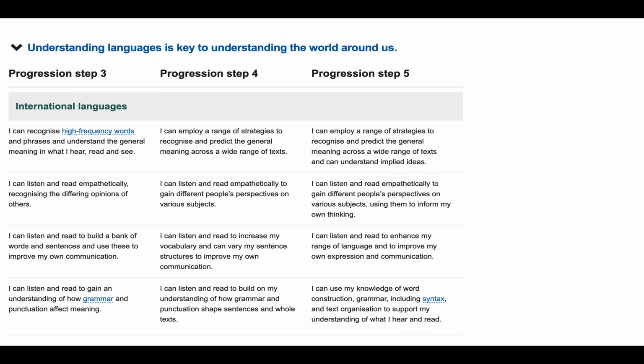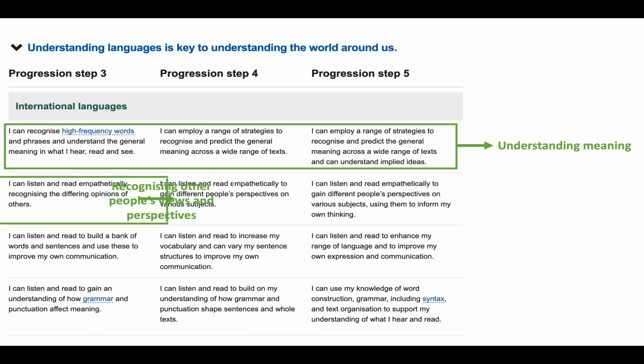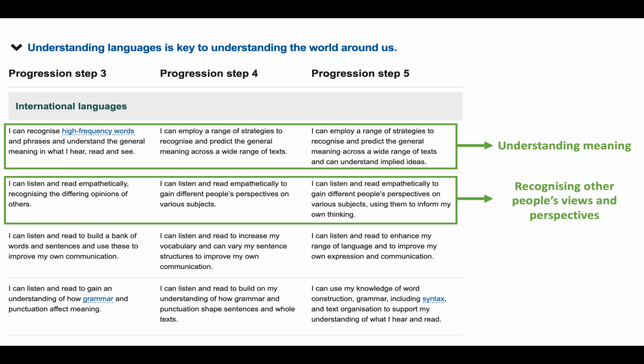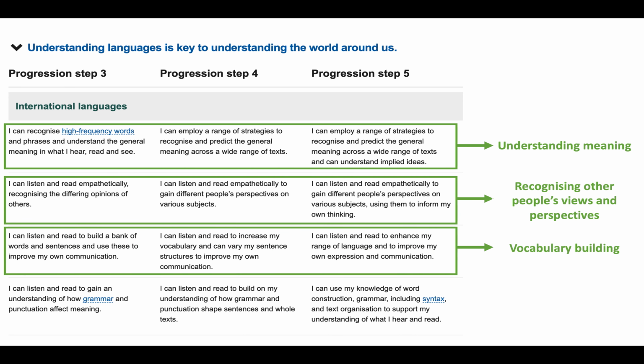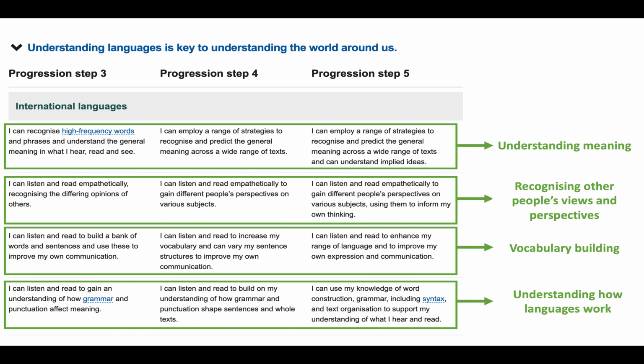Similarly, in understanding language is key to understanding the world around us, strands of progression have been identified for understanding meaning, recognizing other people's opinions and perspectives, vocabulary building, and understanding how languages work. Within each of these strands of progression, a continuum of knowledge, skills, and experiences has been created that provide the incremental building blocks or steps that allow learners to progress.